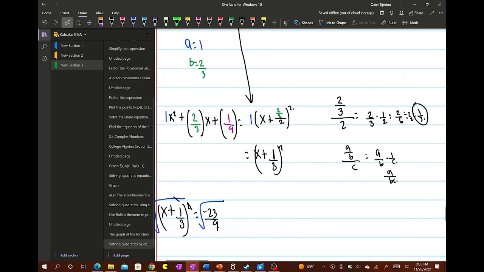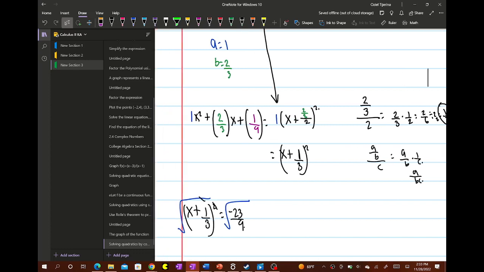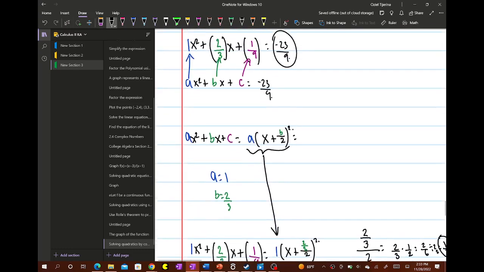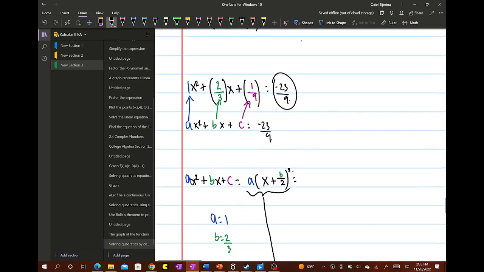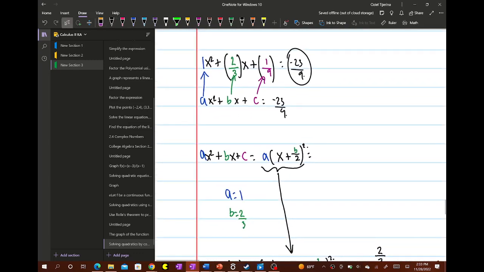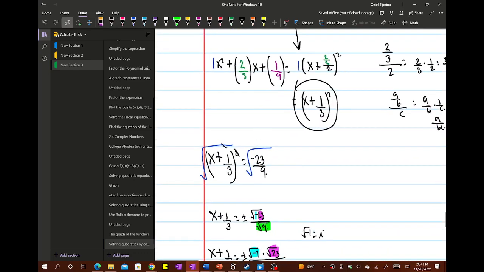So basically, after doing that, the formula that's this, remember I said that a times x plus b over 2 quantity squared is actually going to be the same as this, and we know that ax squared plus bx plus c was negative 23 over 9, right? So I made it equal to negative 23 over 9 over here. So x plus 1/3 quantity squared equals negative 23 over 9.